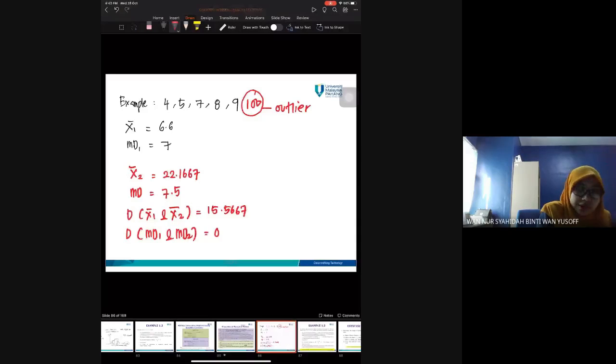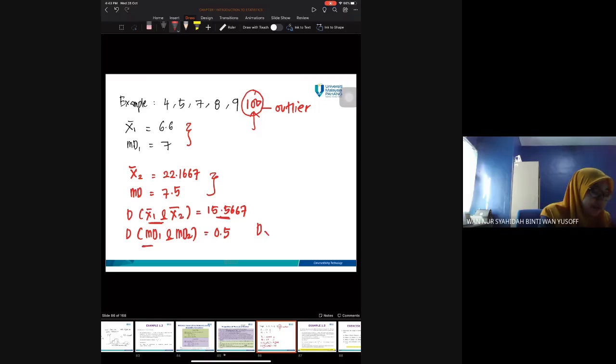Okay, so when there is a difference between the old value and the new value, it shows that the 100 affected the mean and also the median. Both are affected, but the mean is more affected than the median because its difference is higher than the difference for the median.